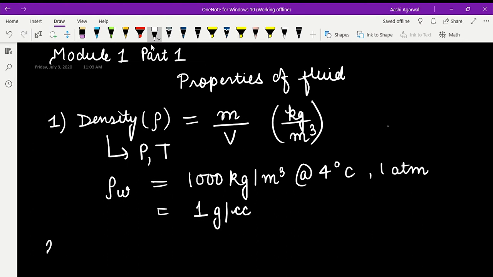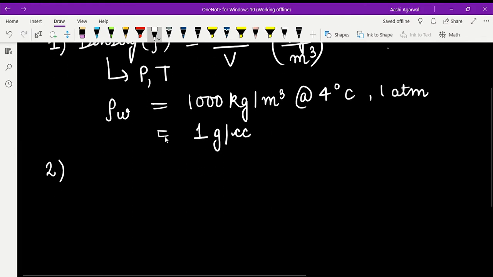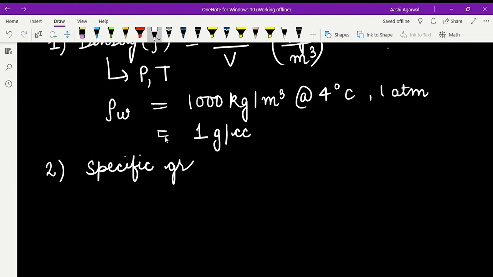And then the second property that we are going to discuss is specific gravity. I'll denote it by S, or you can denote it by SG or G instead. Specific gravity is nothing but the relative density, or you can think of it as the ratio of two densities.